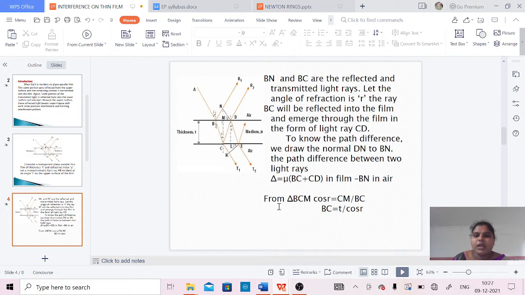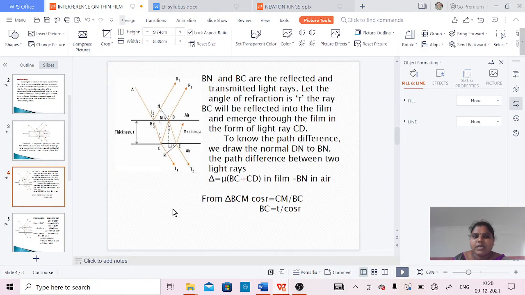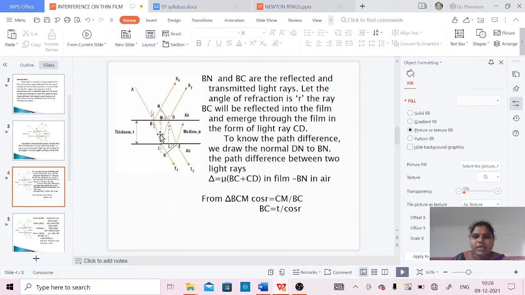Let us see. Now we are considering a triangle BCM. From that, cos r equals CM by BC. Now we already know that the thickness is t, which is along with CM, so the CM value becomes t.